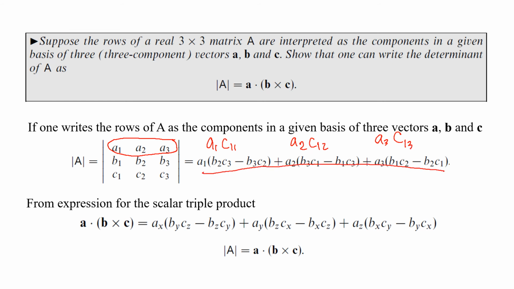And as you can see, if you can remember, from the expression for the scalar triple product, this is your scalar triple product, which is just equivalent to this one here. That means we can find the determinant of your 3 by 3 matrix using your A dot B cross C. So it's true. The determinant of your 3 by 3 matrix is equal to your A dot B cross C.